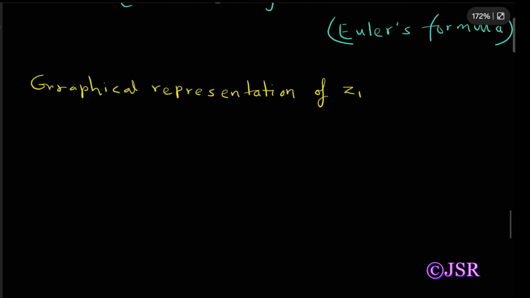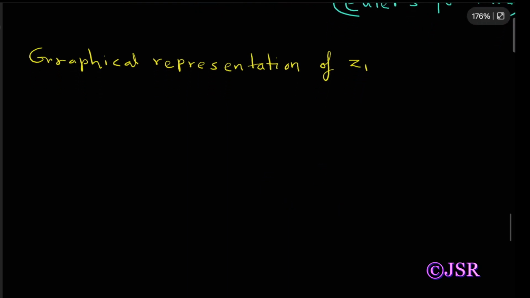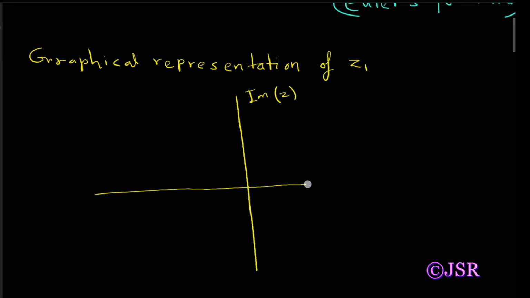So in the complex plane we have imaginary axis and we have real axis.